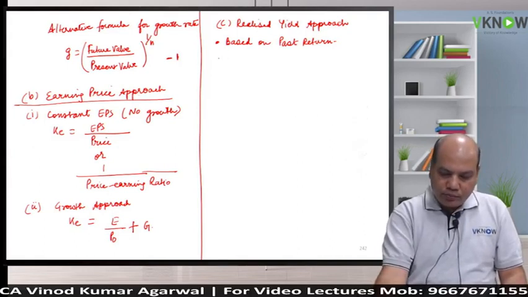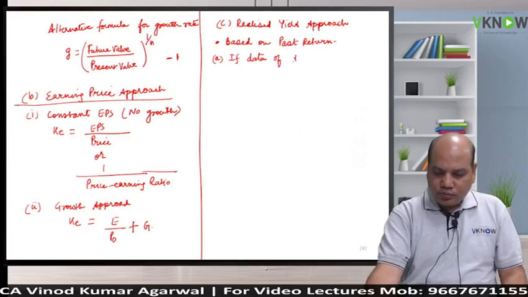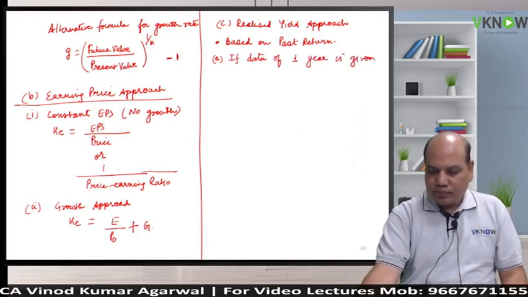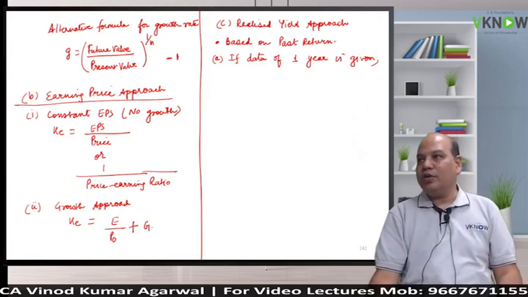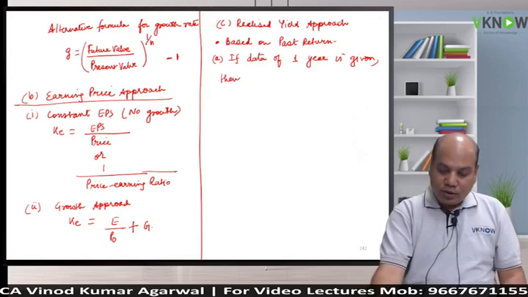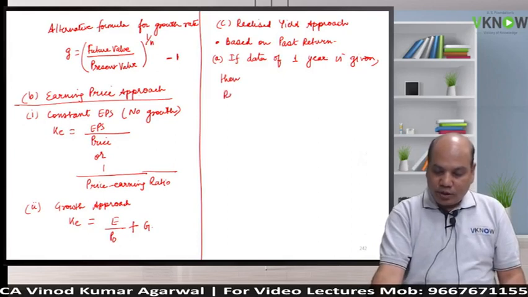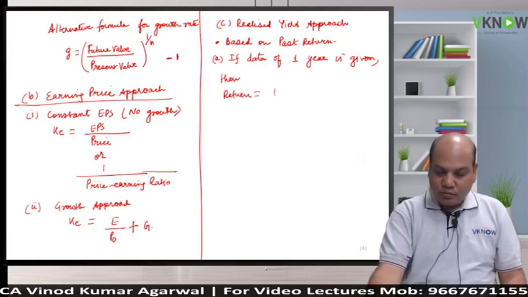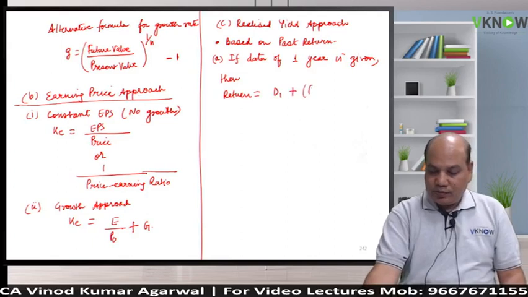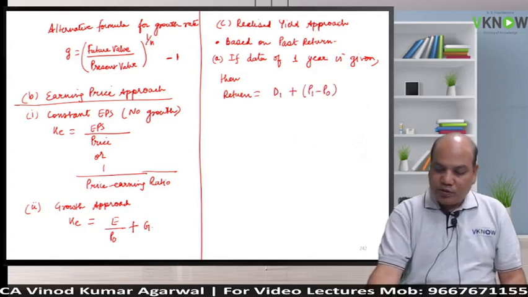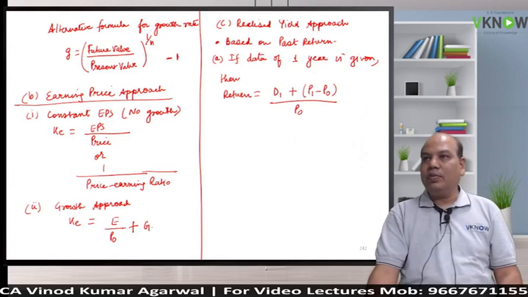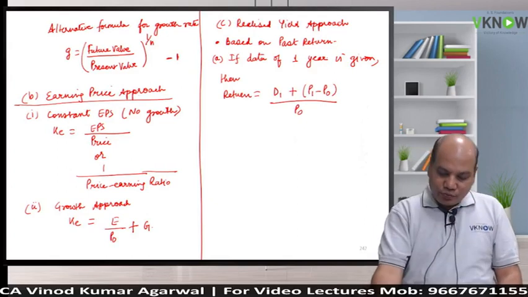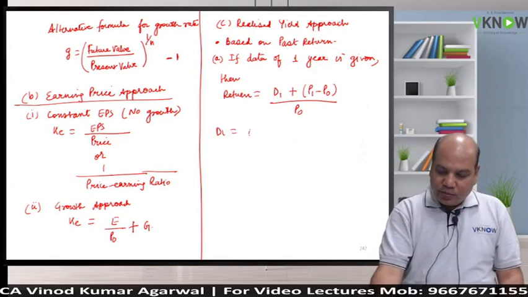Then write down A. If data of 1 year is given, then return is equal to D1 plus P1 minus P0 divided by P0. So what is D1? D1 means dividend.